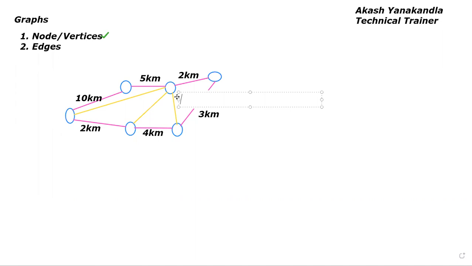Let's consider the distance between node 2 and node 4 as 4 kilometers, node 2 and node 5 as 1 kilometer, and node 2 and node 6 as 23 kilometers.